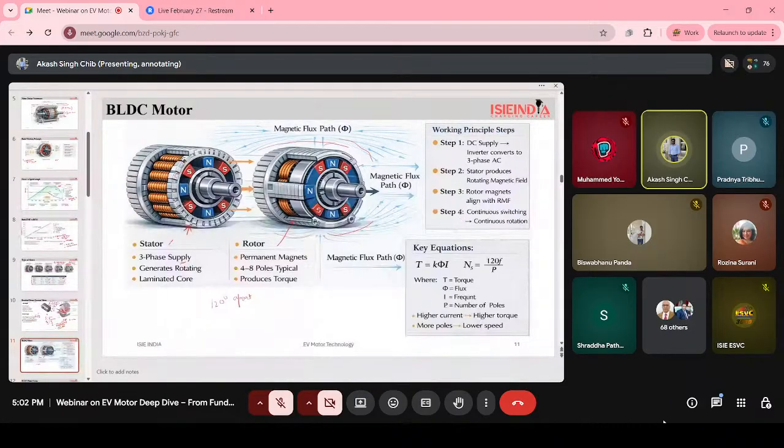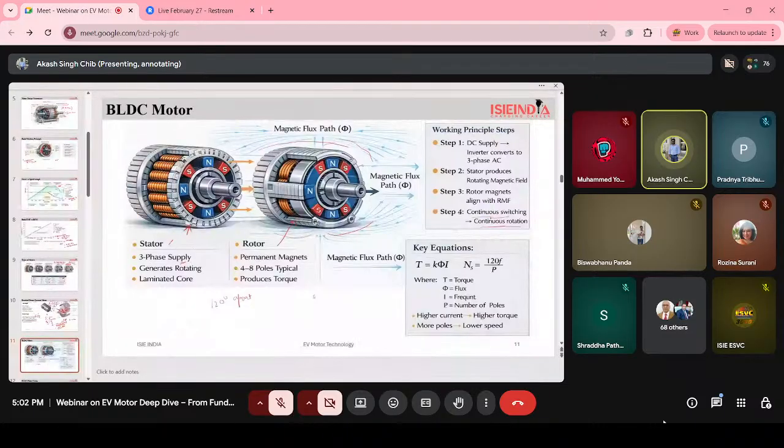Then how do these three phases work? It basically works on switching. There is continuous switching and continuous rotation. If the switching does not occur, our motor won't move, because we also use the motor control unit.